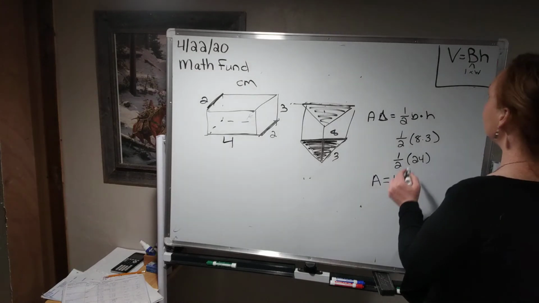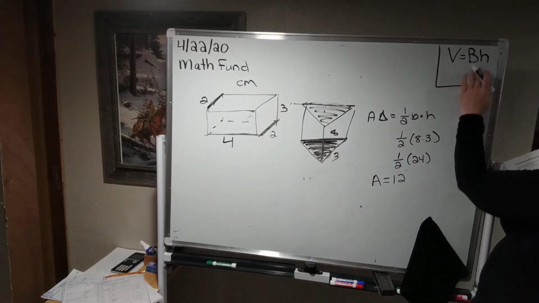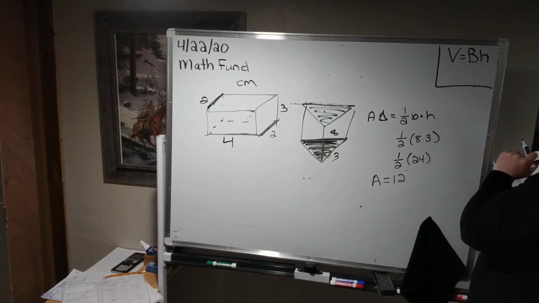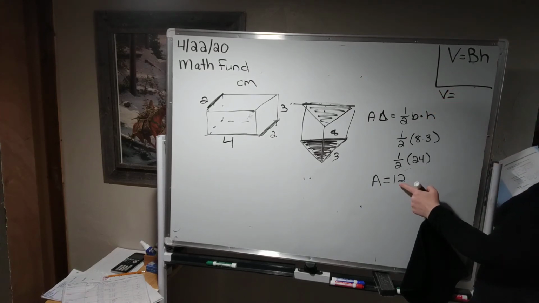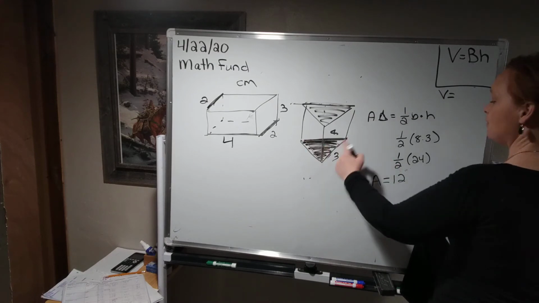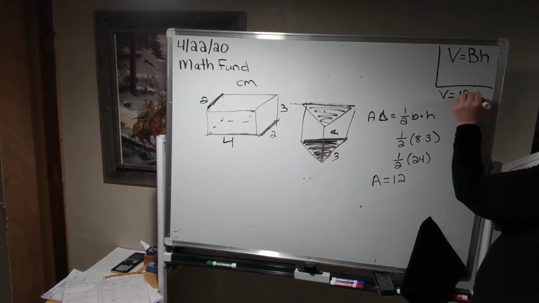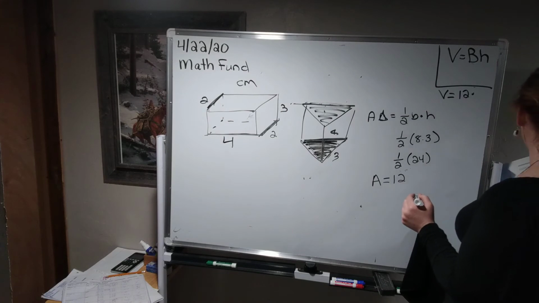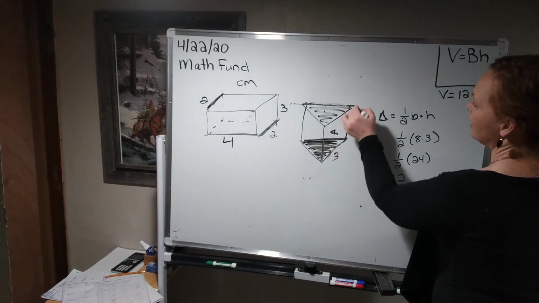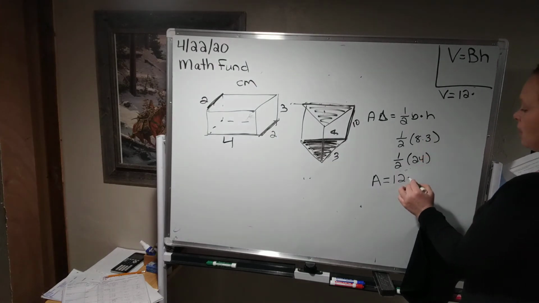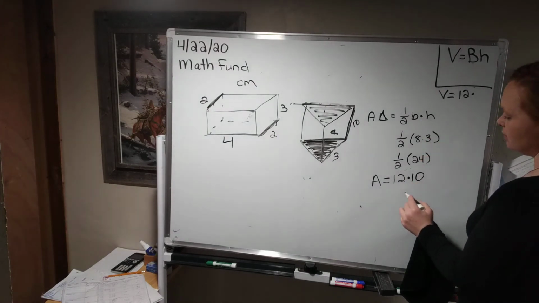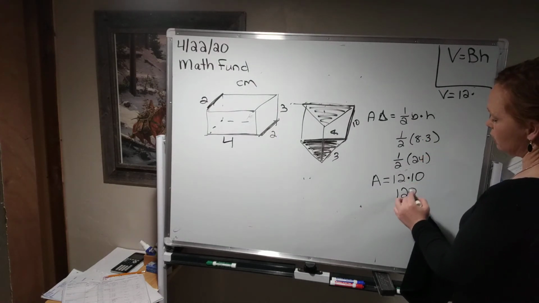Now let's plug that into the volume formula for a prism. Volume equals the area of the base, which is 12, times the height. In our picture, we can see that the height is 10. So 12 times 10 equals 120.